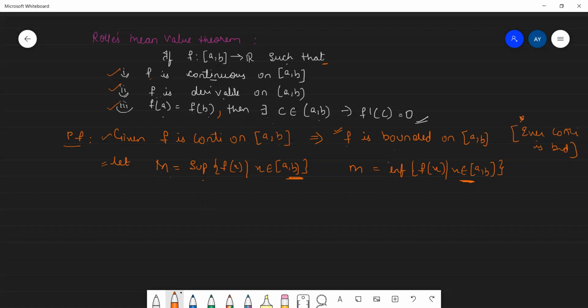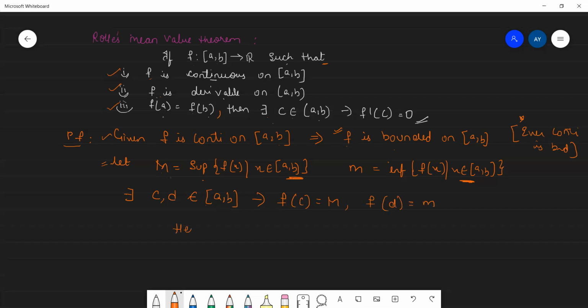Now there exist some constants c, d belonging to [a, b] such that f(c) equals capital M and f(d) equals small m.